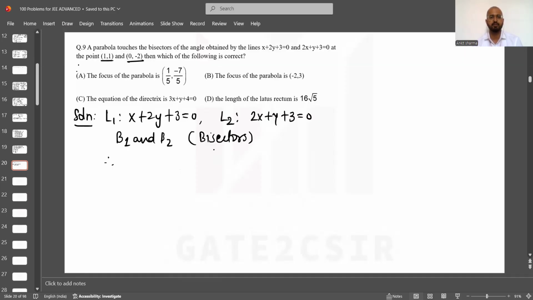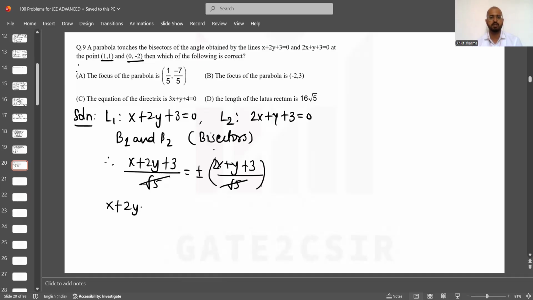So it will be given by x plus 2y plus 3 over root 5 is equal to plus minus 2x plus y plus 3 upon root 5. So this and this get cancelled. So one of the bisectors will be x plus 2y plus 3 is equal to 2x plus y plus 3, and the other one is x plus 2y plus 3 is equal to minus 2x minus y minus 3.